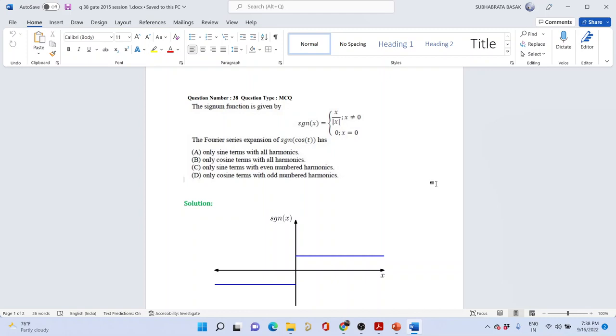But then why are cosine terms given? D, sir. What did you say? D. Okay.